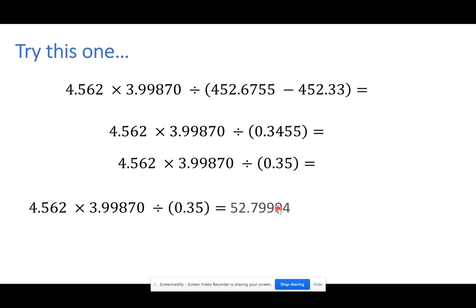But we have to think about sig figs. We're limited to 2 significant figures. So I can only keep the 5 and the 2. Or rounding up, I can keep the 5 and the 3. So the number that I would report is 53. The important thing here is it has 2 significant digits.